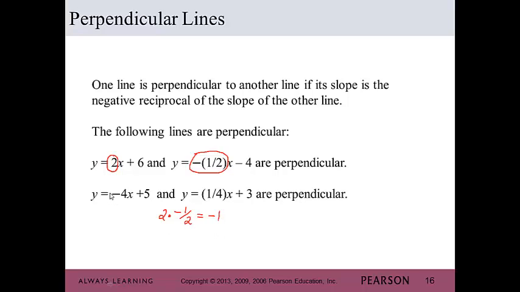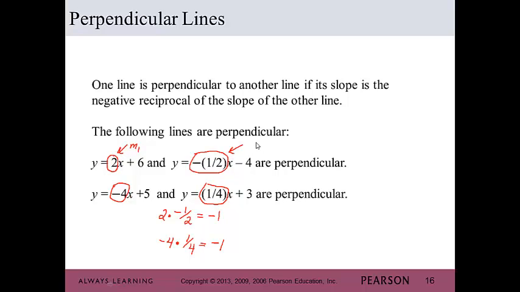And then for the next example, we have y equals -4x plus 5 and y equals 1/4x plus 3. So here's our -4, and there's our 1/4. So -4 times 1/4 is -1. Therefore, they are perpendicular.